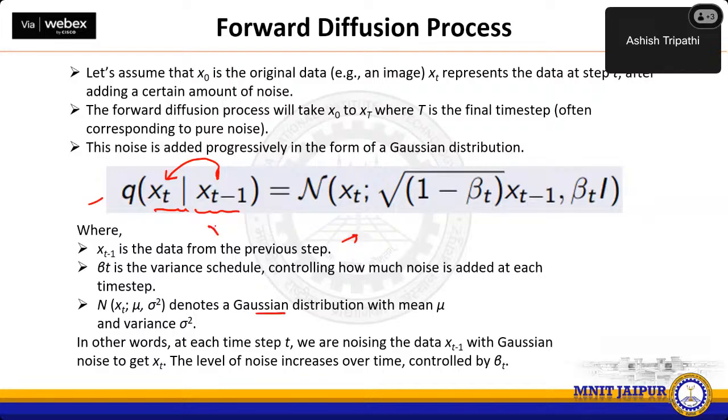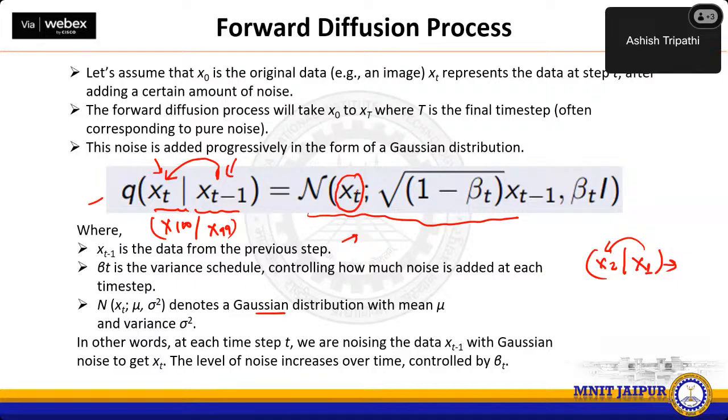That means given the image at iteration number 99, I want to know the image at iteration number 100, or given the image at iteration number 1, I want to get the image at iteration number 2 in the forward process. So this is xt minus 1, and this is xt. This is the data in the next iteration and this is the data in the previous iteration. So this is the equation of Gaussian or normal distribution, that I want to get xt by adding this much amount of noise.